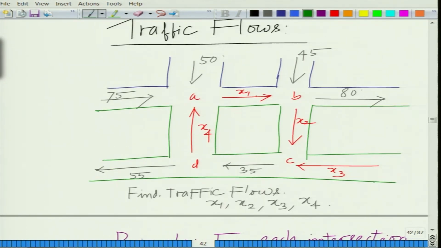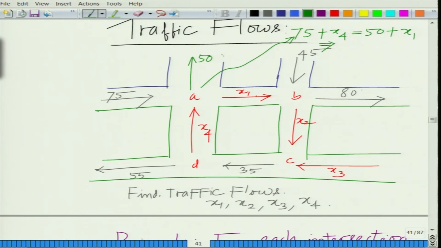Let us just write it over here, probably because you will find it simple, because we have this figure over here. So, if you look at intersection A, we must have 75 plus x4 incoming traffic, 75 plus x4 must be equal to 50 plus x1. I am sorry, this has to be 50 in this direction. 75 plus x4, that is the incoming traffic, must be equal to 50 plus x1.